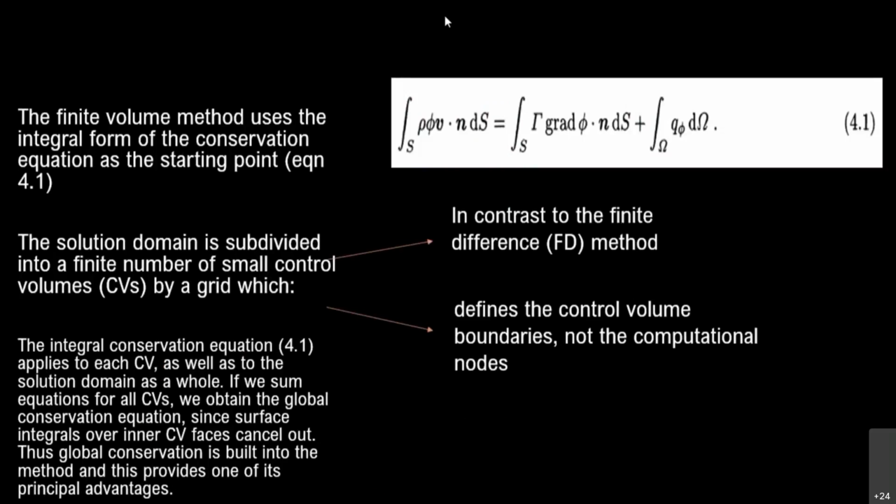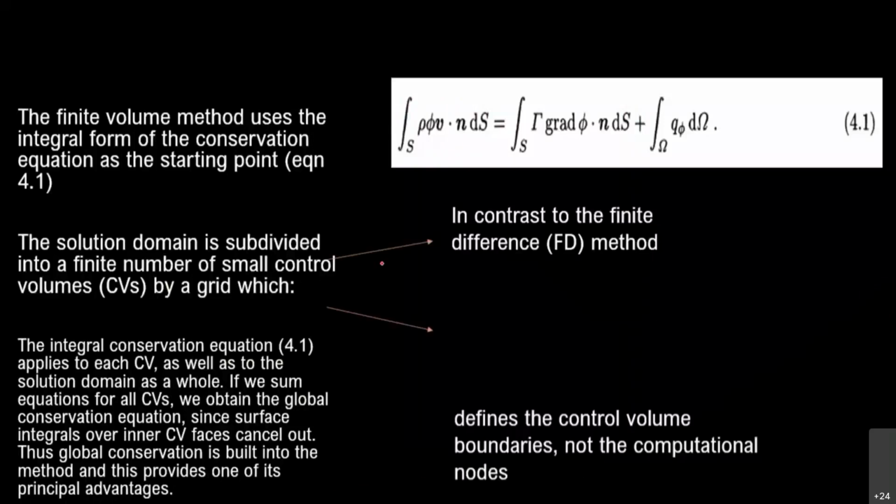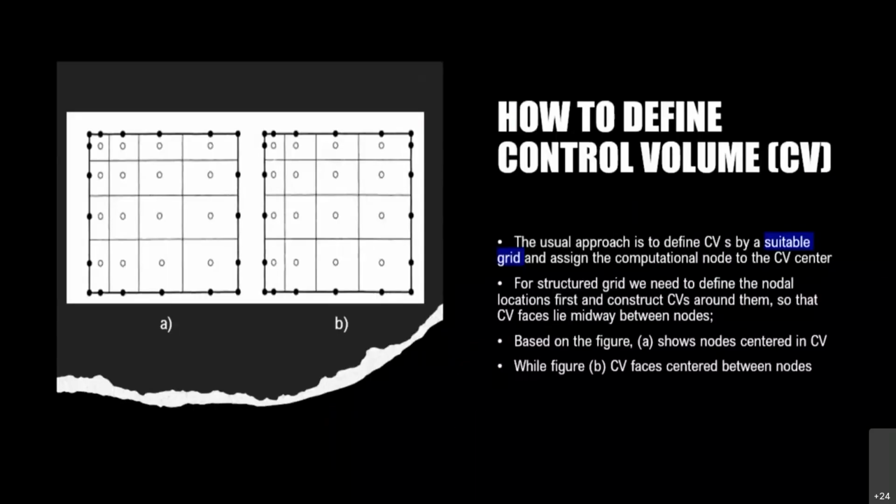Good evening, doctor. My name is Naren. Doctor, from the slide, how to define the control volume? Can you go to the slide? This one. From these two figures, how do you identify the difference? I cannot get it.